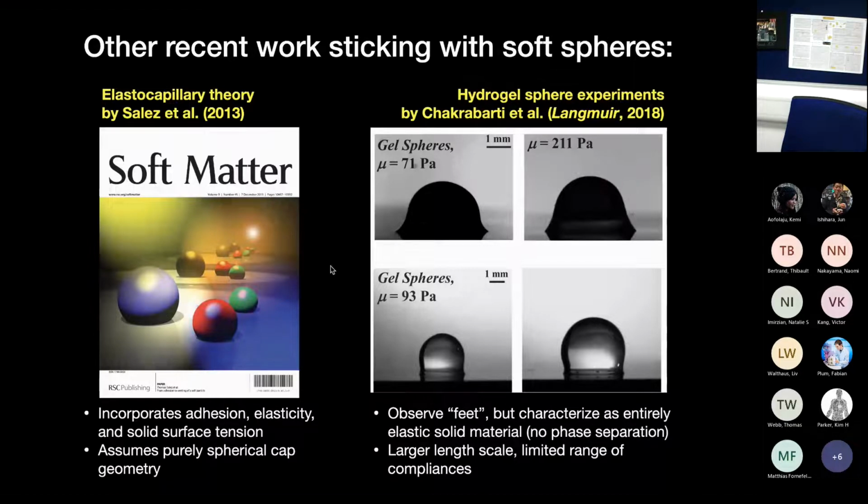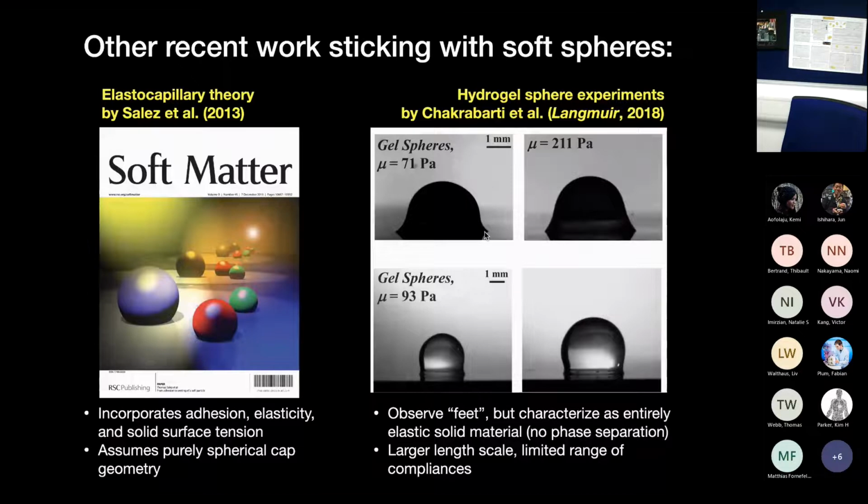But they always saw not a spherical cap profile as Salas had predicted, but rather a spherical cap with these feet, as they described it, and thought about the feet as an entirely elastic extension of the sphere.